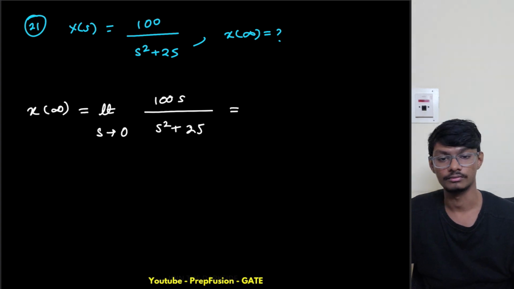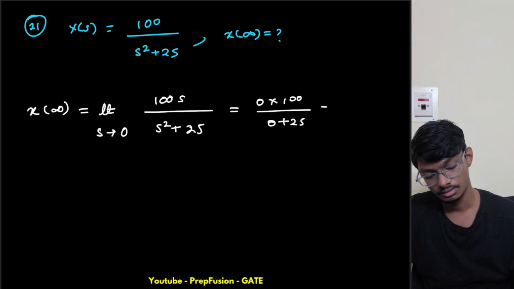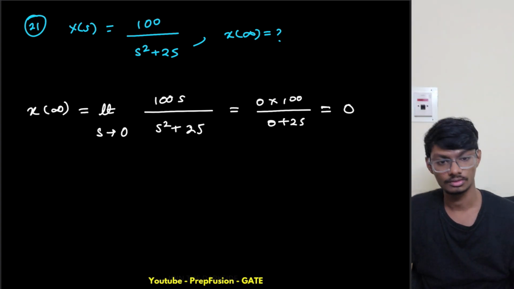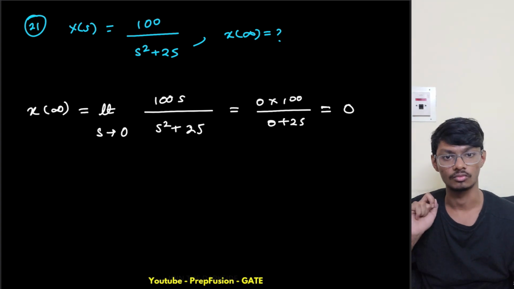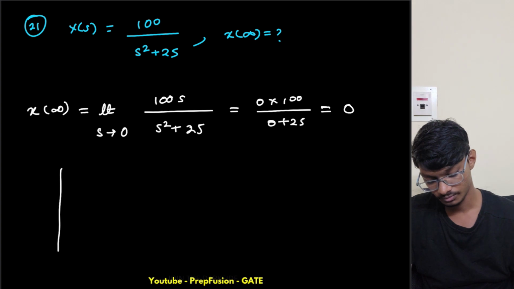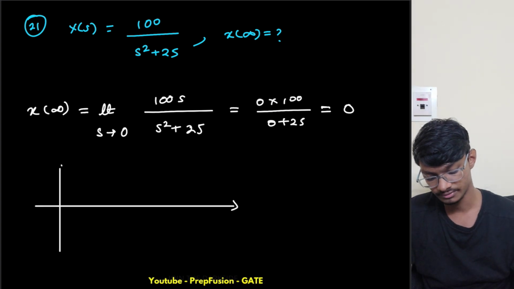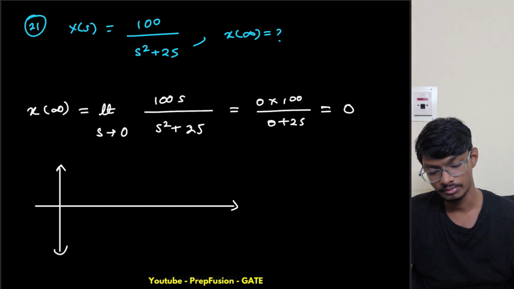X of infinity equals the limit as s tends to 0 of 100 s by s square plus 25. It goes to 0 times 100 divided by 0 plus 25. So it is going to 0, but is it really? No, it's a sinusoid signal, so it doesn't settle to any value. It doesn't have any final value, because it is revolving within a certain range.